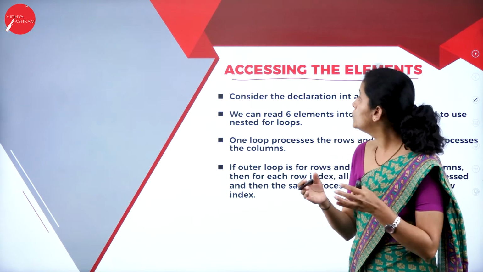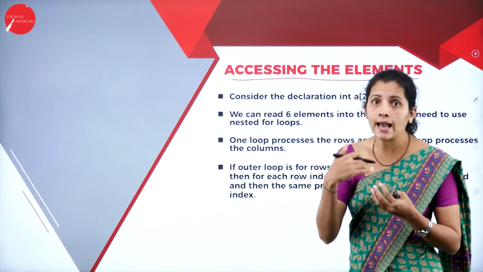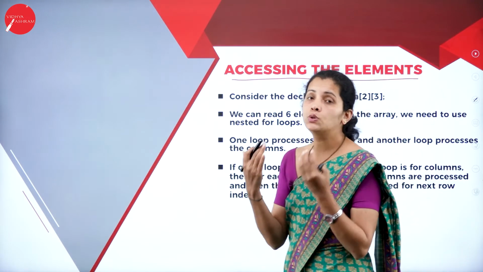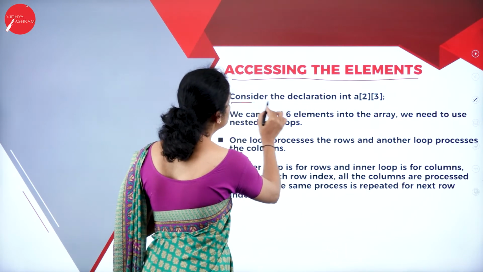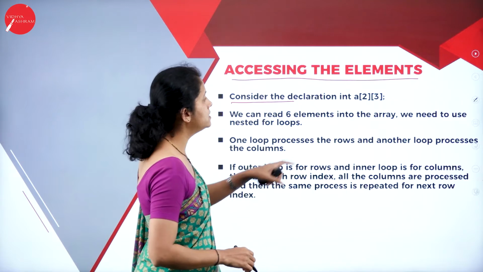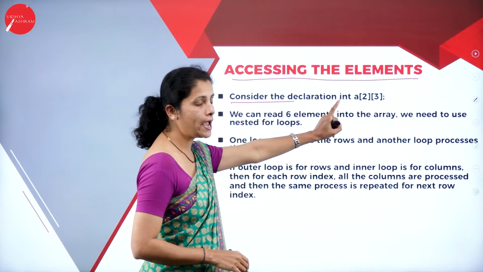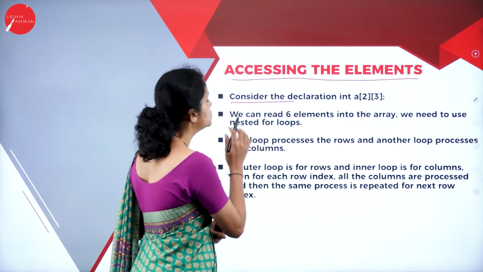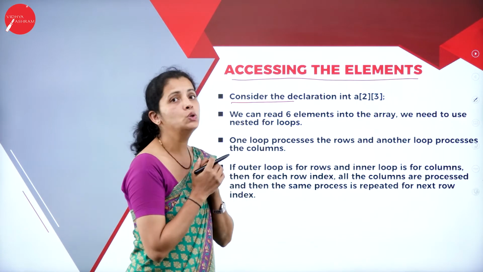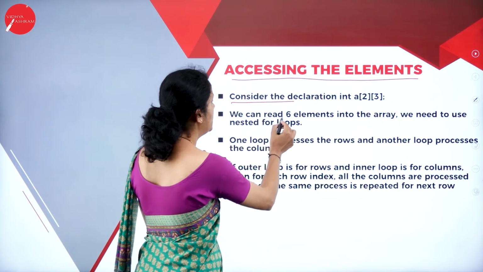Now I'm going to discuss how I can access the values stored in a two-dimensional array. Consider the declaration int A, with 2 rows and 3 columns. So here we can store 6 elements.